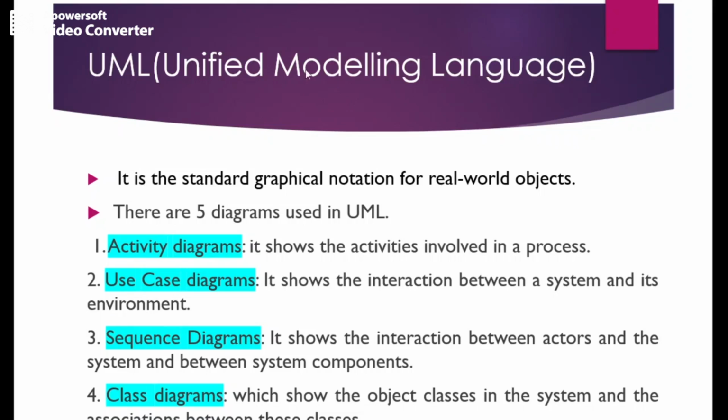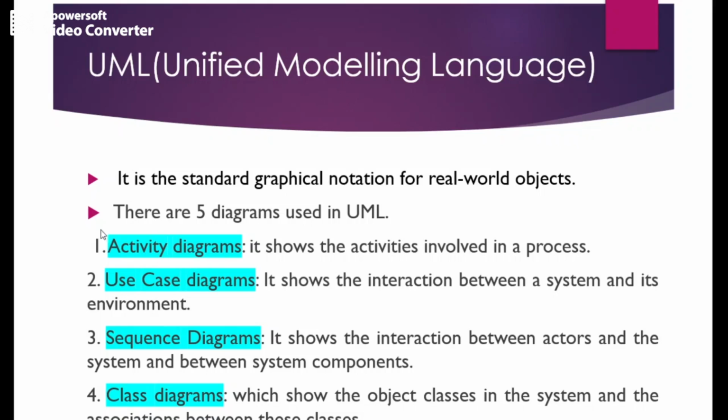There are 5 diagrams used in UML. First one is the activity diagram, second one is the use case diagram, third one is the sequence diagram, fourth one is the class diagram, fifth one is the state diagram. So these are the different diagrams used in UML. First, let us see the activity diagram.